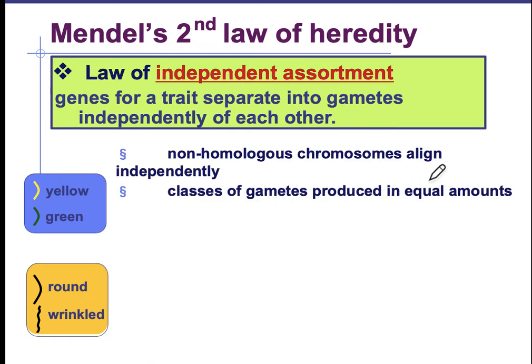Non-homologous chromosomes align independently during meiosis in metaphase 1. The classes of gametes are produced in equal amounts, so you get one of each in every gamete.